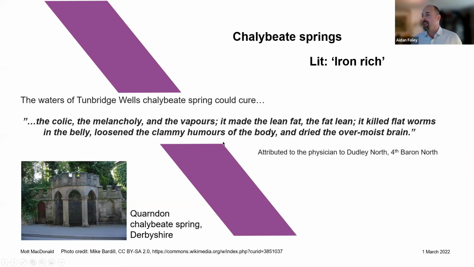So if you feel you're suffering from an overmoist brain, and you happen to be in the Pennines, you can go to this chalybeate spring. I don't know if you can get in, but if you're in the south, you can go to Tunbridge Wells. But there are many of these.